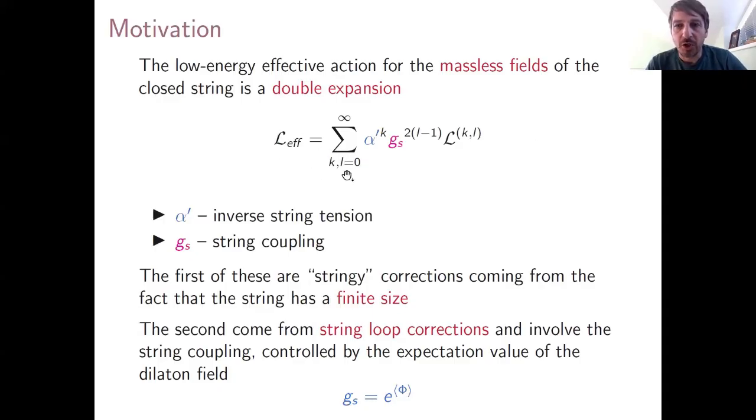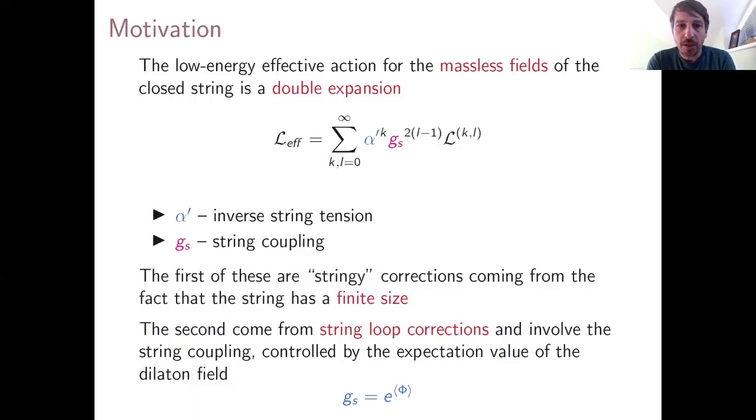So the low energy effective action has the sum over two integers k and l. And we have this alpha prime to the k and gs, which is a string coupling, to this power, l minus 1, okay, times the corresponding correction. Alpha prime is, as I'm sure you all know, the inverse string tension, and gs is the string coupling, as I said.